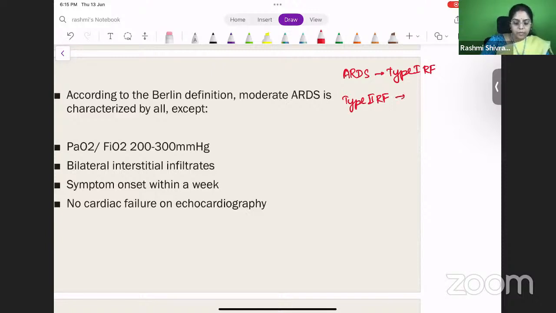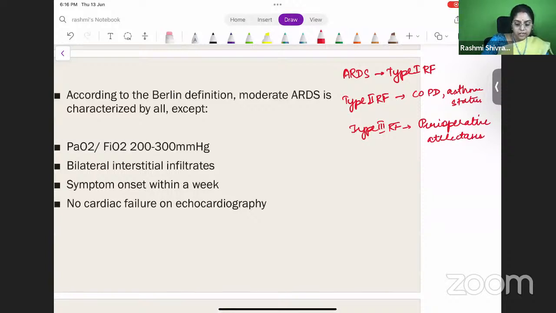So when does this happen? That happens in COPD patients, in acute exacerbation of COPD, and status asthmaticus. Then type 3 respiratory failure happens in perioperative atelectasis. When the patient post-operatively has atelectasis, they develop type 3 respiratory failure.